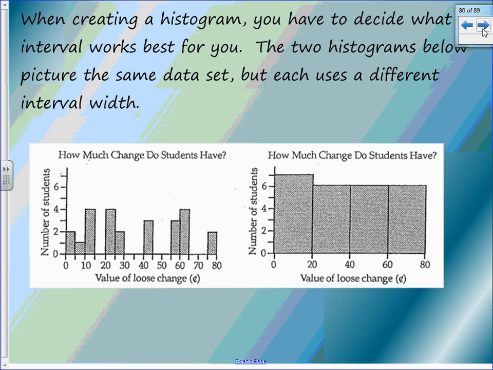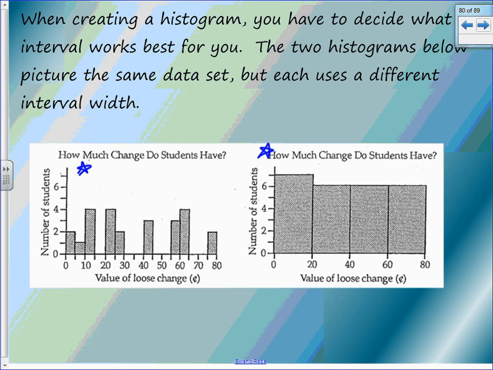I want you to note what this graph looks like and this graph looks like compared to our original one. What do you guys think comparing these two graphs with the one that you have on your paper? Or if you flip over yours, you can see all 3 all together on the back side of your notes page.